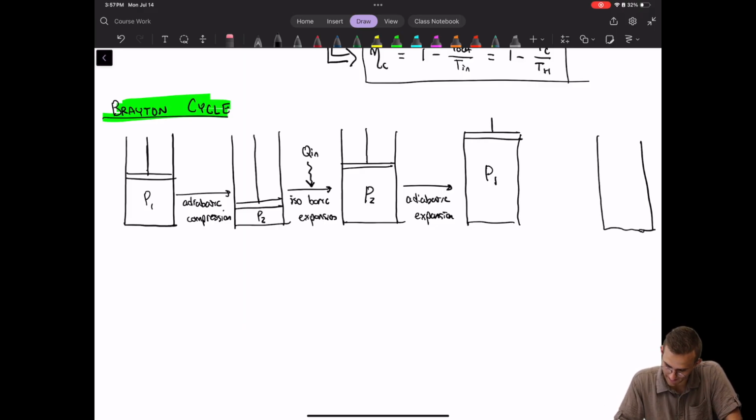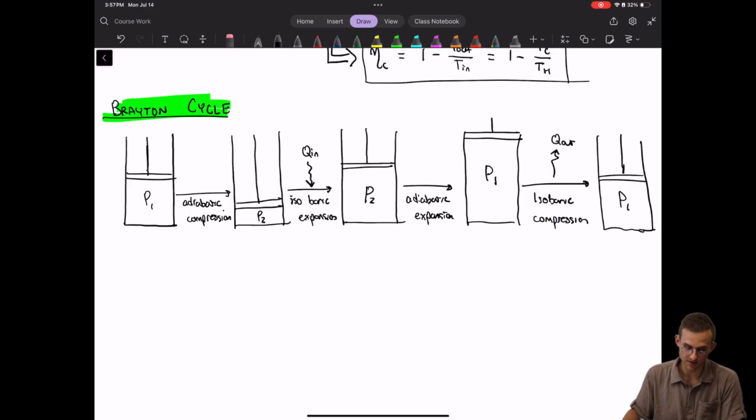And then you have an isobaric compression. And this is where heat exits the system. And you return to your initial state with the pressure being equal to P1. Okay, so that's what the Brayton cycle looks like.